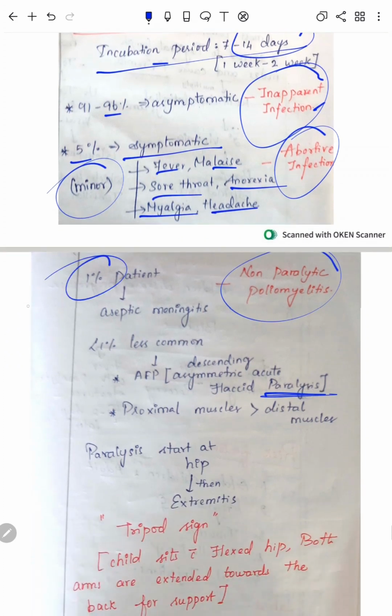Okay, 1% of people develop aseptic meningitis, that is non-paralytic poliomyelitis, and less than 1%.